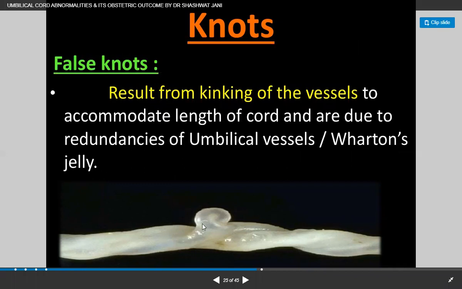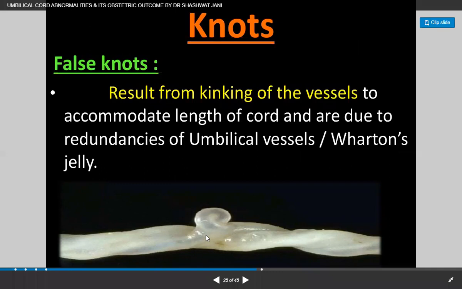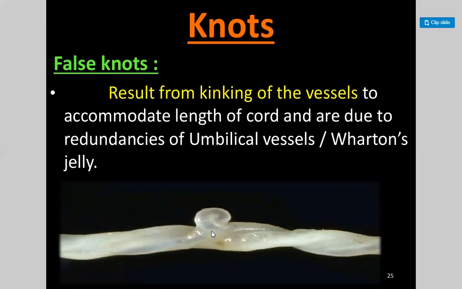It is a false knot. And why is this appearing? Because it results from the kinking of the vessels to accommodate the length of the cord, due to redundancies of umbilical vessels and of Wharton's jelly.